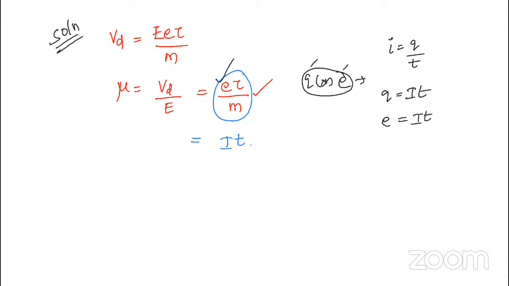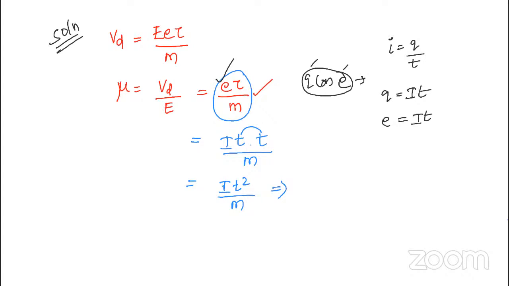Okay. So here tau is nothing but the relaxation time, so we take it as T. Divided by M, which remains as it is. Okay. So let us now multiply this: I into I, it is T into T, it is T square divided by M. Okay. So let us now apply the dimensional formula. What will I be? I is nothing but the current.